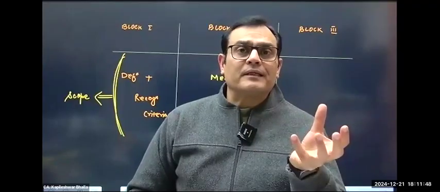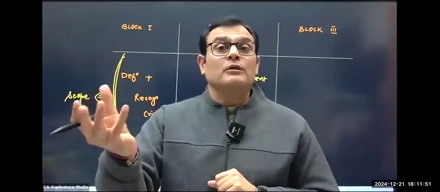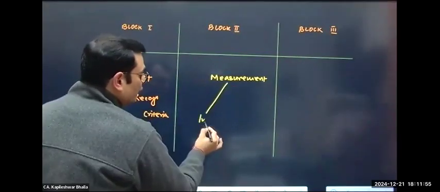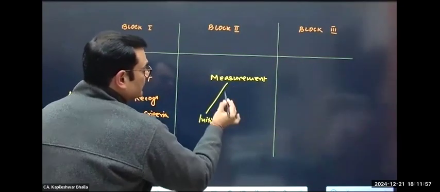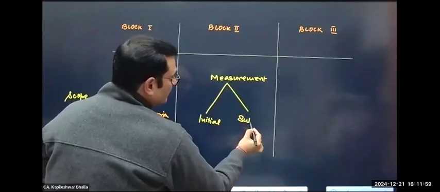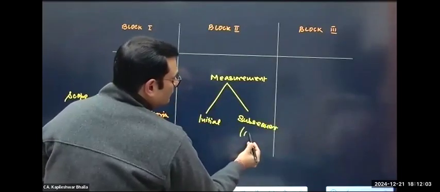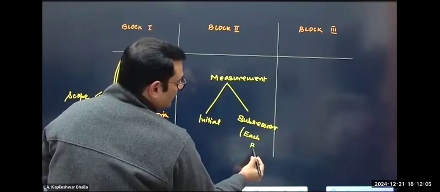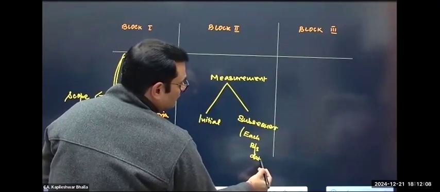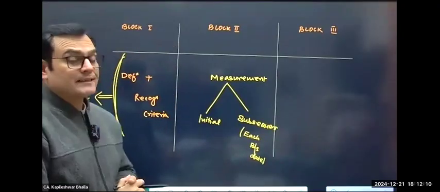Do you meet a definition and recognition? If it can be shown, what is the value it can be shown at? When you look at the measurement, we'll focus on initial measurement, and we'll also focus on subsequent measurement, that is at each balance sheet date.